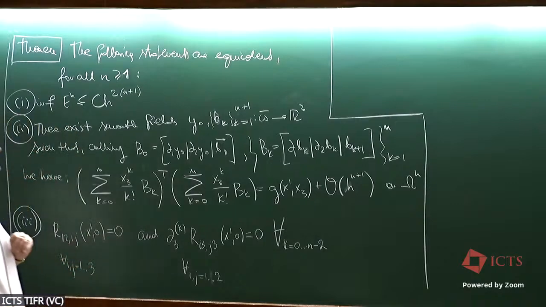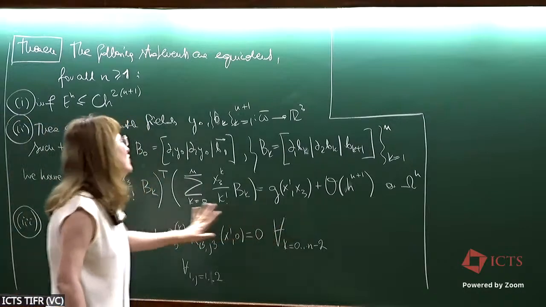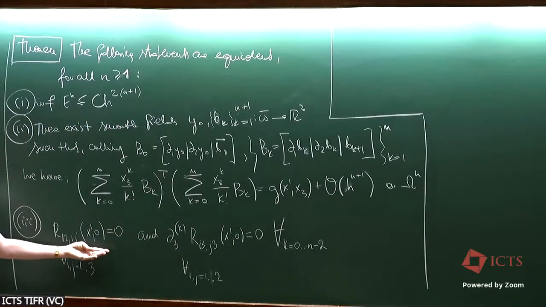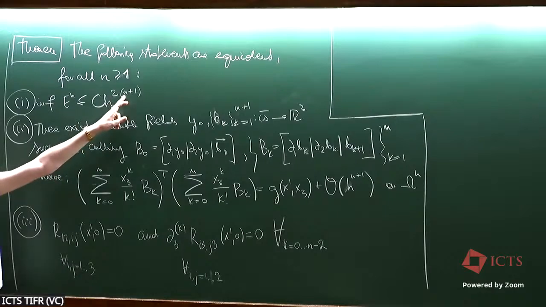So when n is 1, this condition is void, and I only get this condition. When n is 1, this means this is h to the power 4 scaling. That's exactly what we had before.